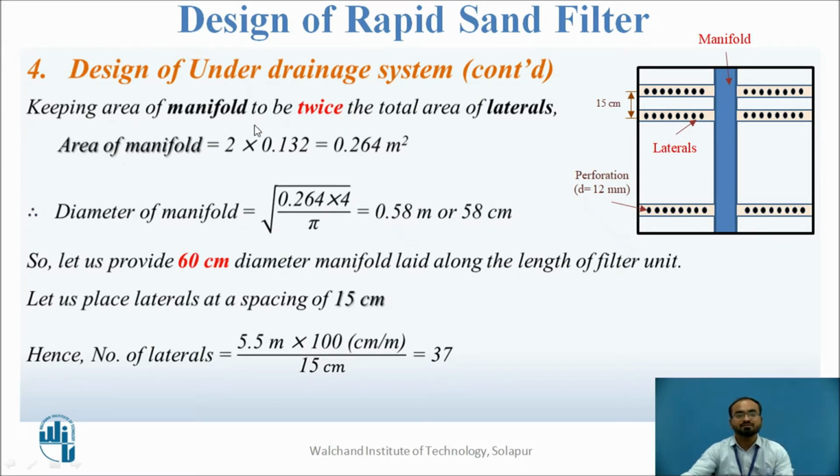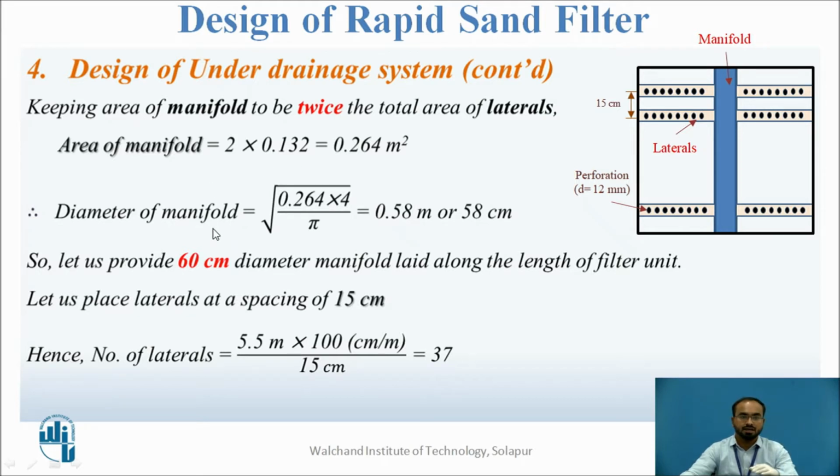To do that, we will come back again to the conventional method and keep the area of manifold twice that of the total area of laterals. So the area of manifold will become 2 into 0.132, which is equal to 0.264 meter square. Now I know the area of manifold, but I have to calculate the diameter.